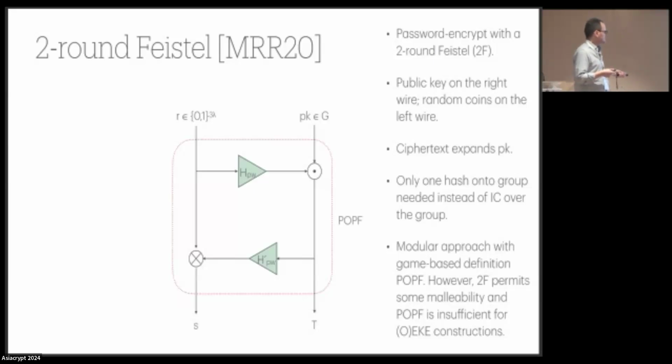Then these two hash functions, modeled as random oracles, only need to map a bit string into a group element, and the other simply maps back to a bit string. Essentially, instead of having a one-to-one relation between the public key and the ciphertext, which now has two elements, we have a slightly enlarged ciphertext.